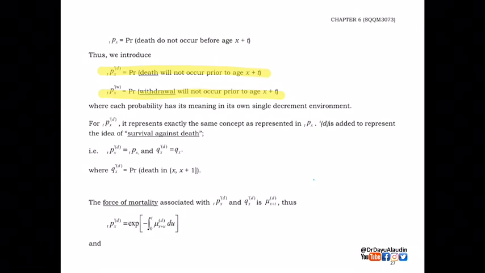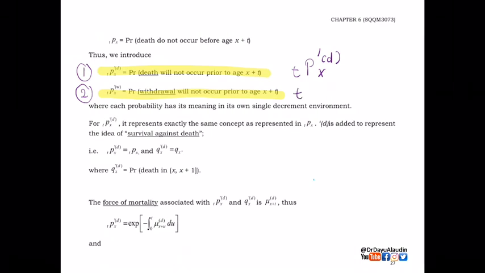So look at this. We have new notation here, 1 and 2. We have tpx with prime D for death and tpx with prime W for withdrawal. The prime means that the death does not occur prior to age x plus t.